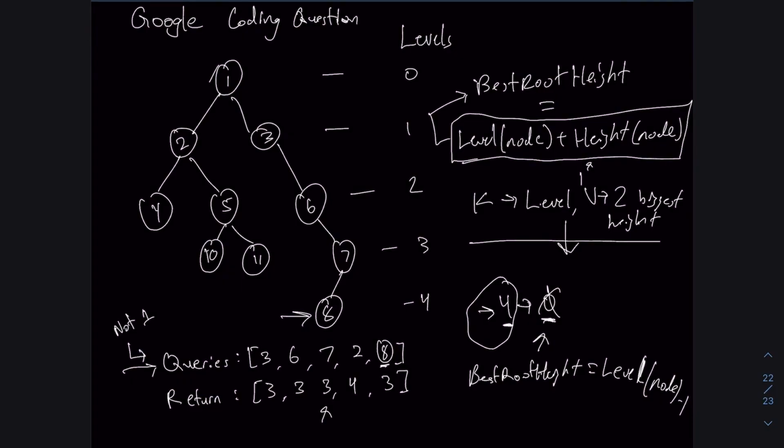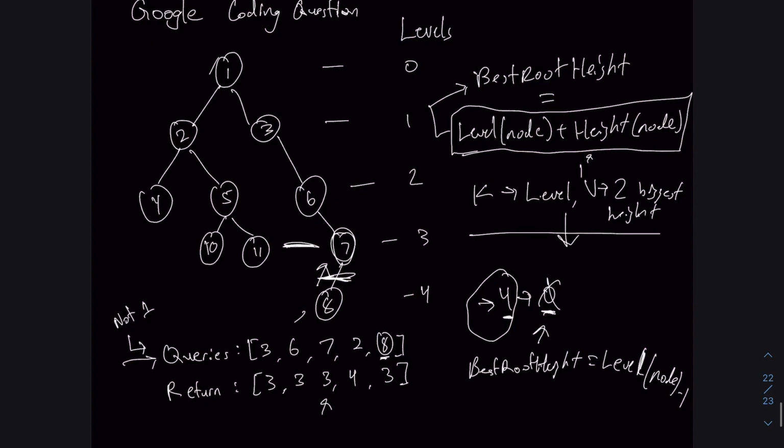Because if we remove this 8, and there are no more items that reach 8, that means we know that the next best height has to be 7, because we cut off here, we know that this height is going to be our best option, right?